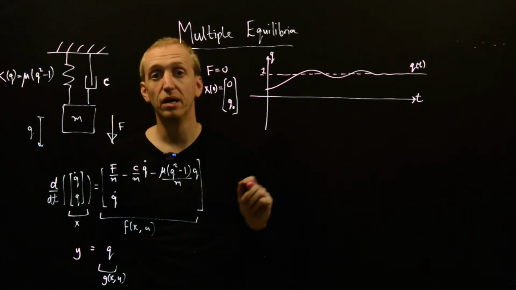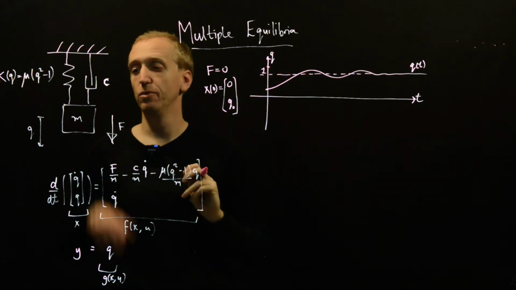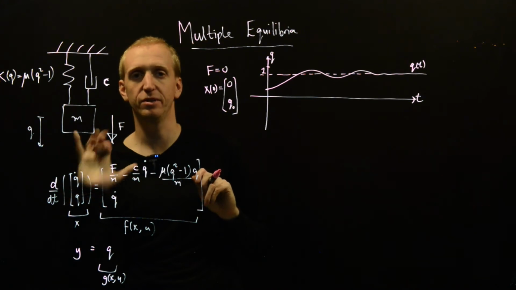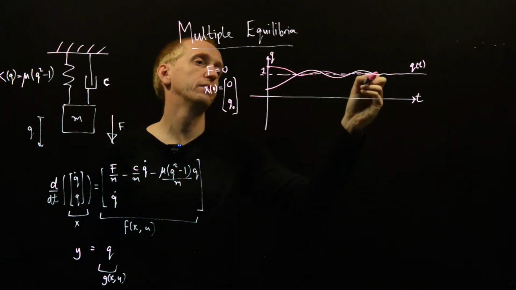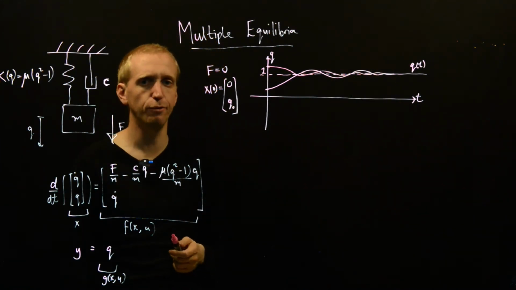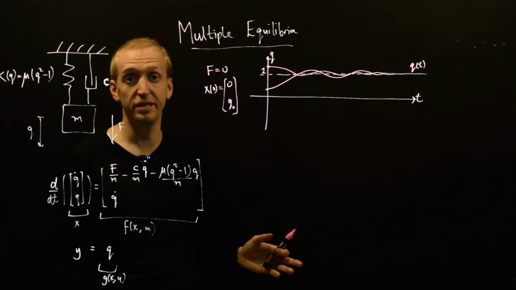What happens if we start with another one, say, up here? So we take a big initial displacement and we let go. Well, we settle down to the same equilibrium point. Okay, so no real surprises so far, and nothing to tell us that this has anything to do with nonlinear systems, actually.